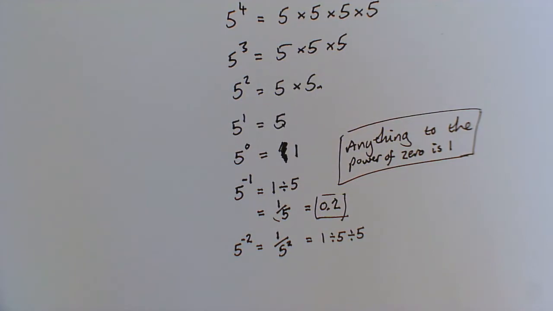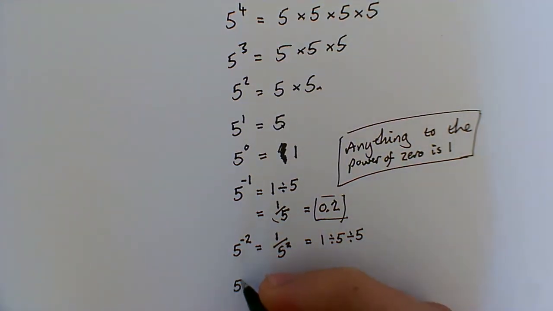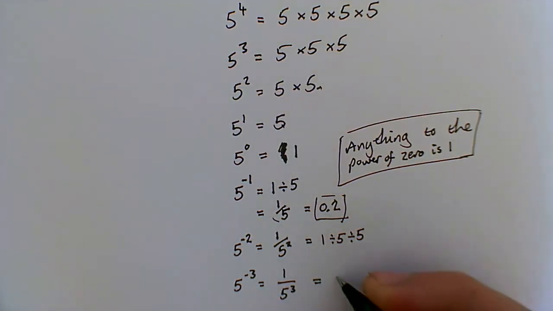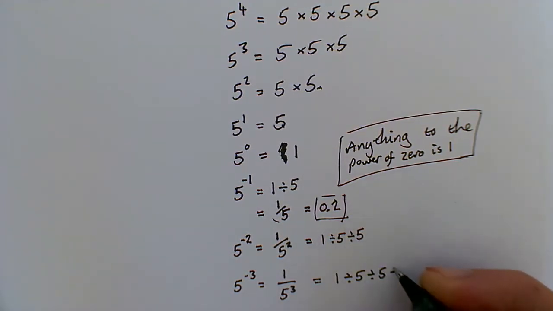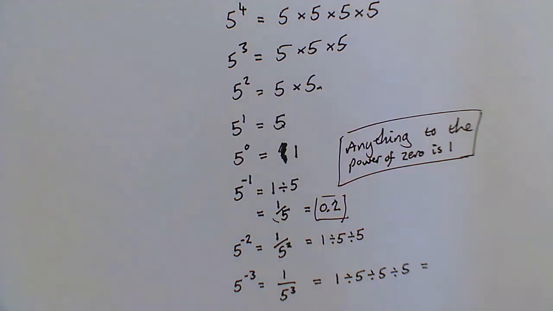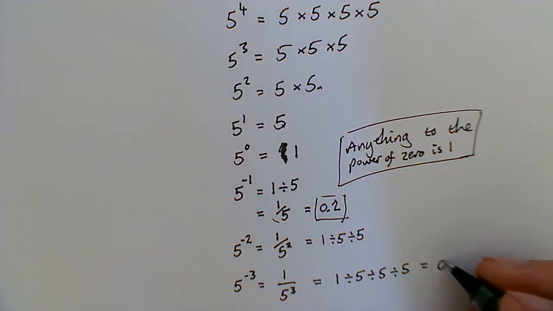And that's going to be a really helpful way to think of it when we do some standard form work next week. So 5 to the minus 3 is the same as 1 over 5 cubed, or 1 divided by 5 divided by 5 divided by 5. And we can work out what that is. 1 divided by 5 three times, and putting that in the calculator, we get 0.008.